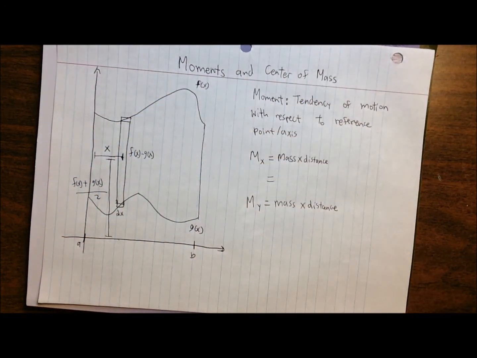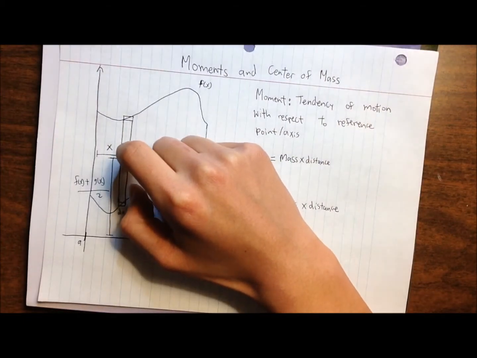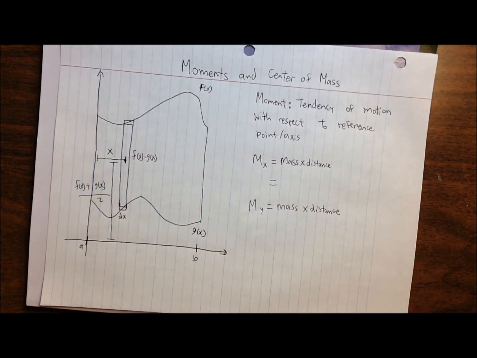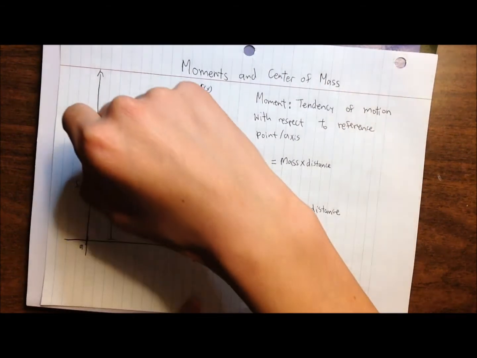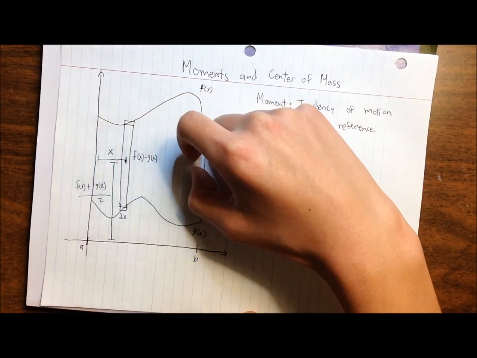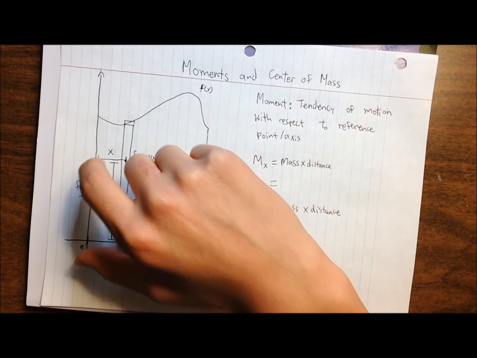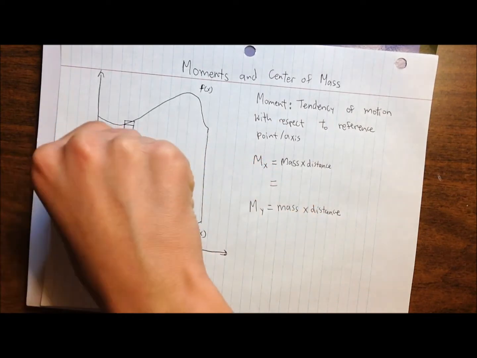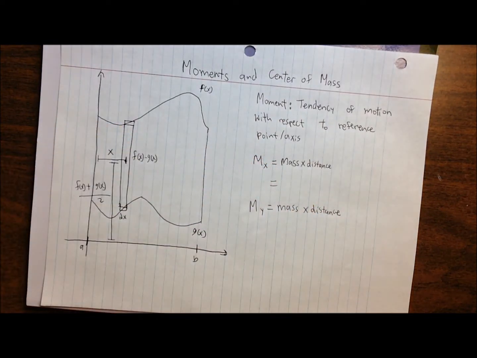To find the moment, we treat the center of mass as the point mass. You can think of this lamina as a curve of point masses, and then we multiply by the distance to either the x-axis or the y-axis to get our moments.